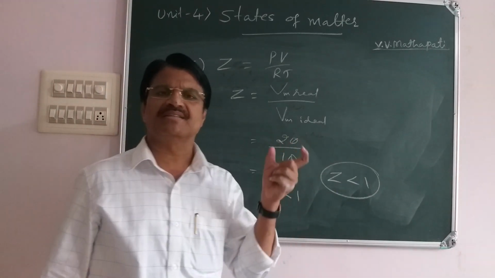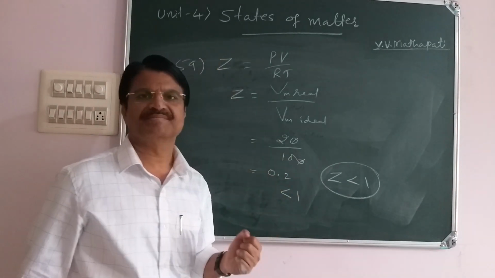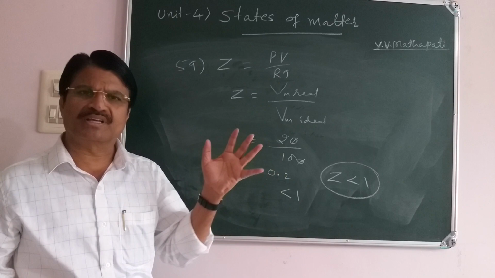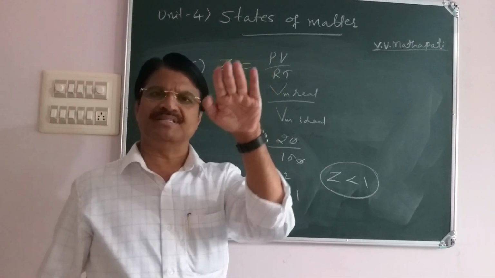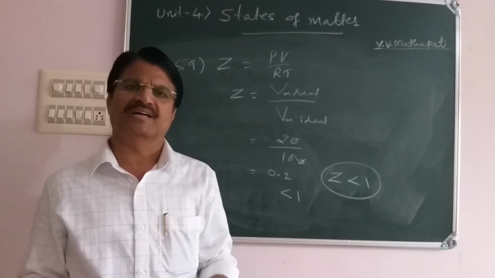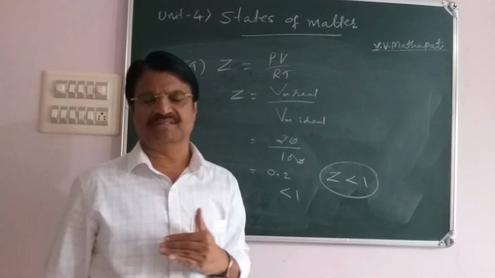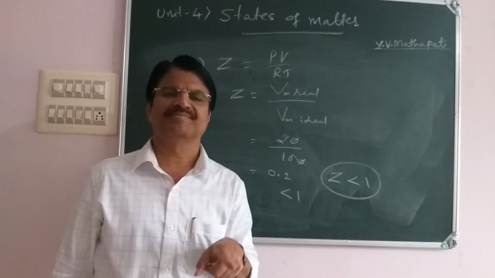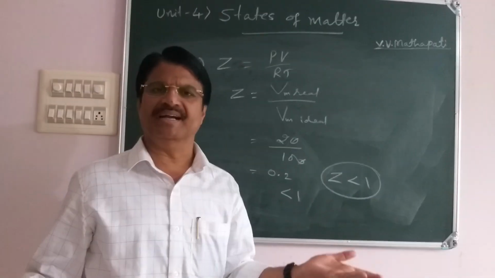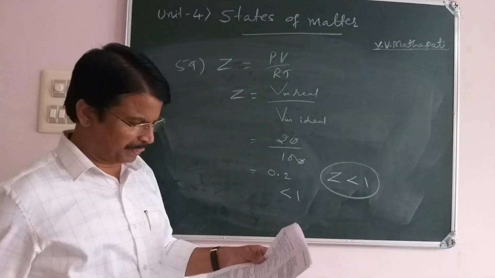If the Z value is less than 1, what does it indicate? Intermolecular forces are more and the gas can be easily liquefied. If more than 1, intermolecular forces are less, repulsive forces are more, and the gas cannot be easily compressed. If Z equals 1, the gas is said to be ideal, and you get a straight line in the graph.